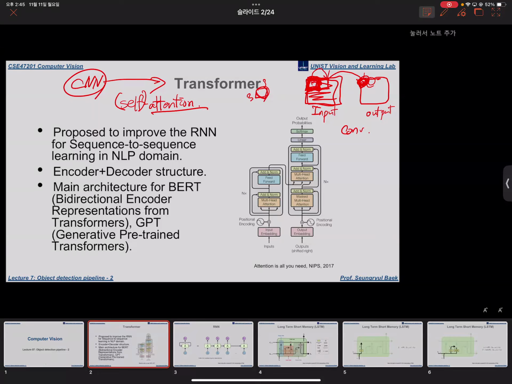This attention mechanism is also differentiable, so it can be used inside deep learning architectures. Now we will first learn about this transformer, their main operation, the attention mechanism, and then we will see how we can make the object detector using this transformer architecture.